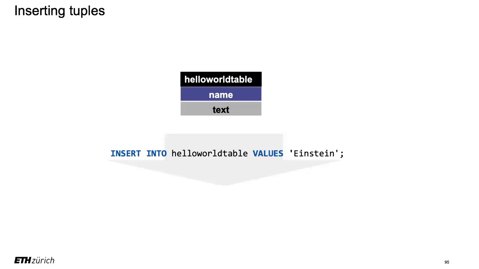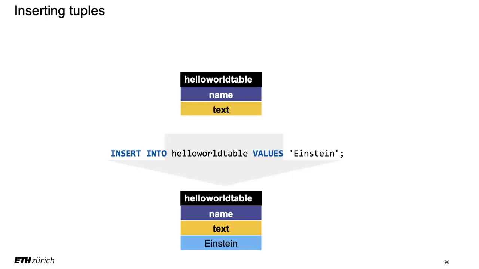So let's say I created this table before that has one column that is of type text, and I want to insert a tuple in there with the value Einstein. I can, and I'm going to end up with this relational table that has one record in there, Einstein in the column name, right? That's pretty much it.